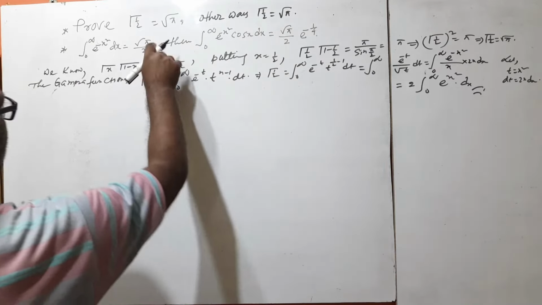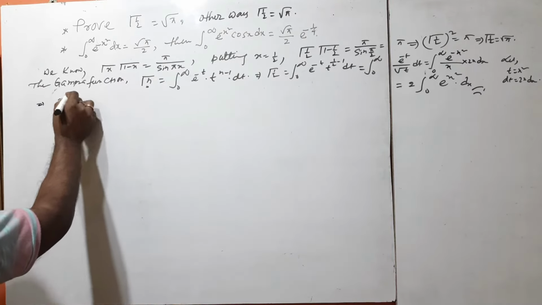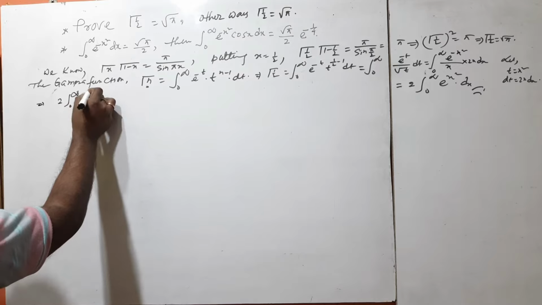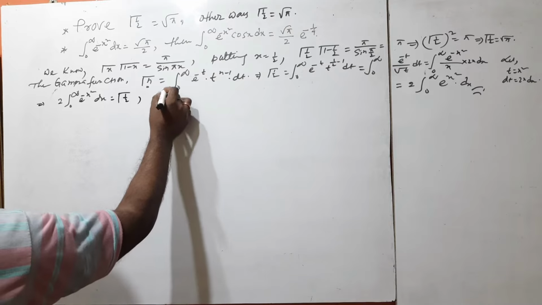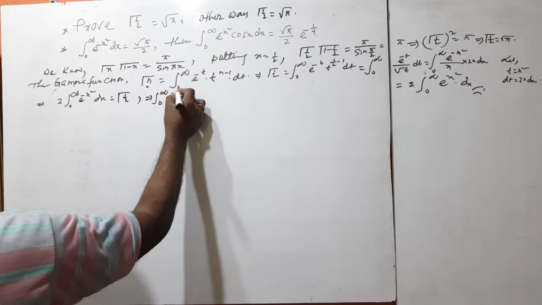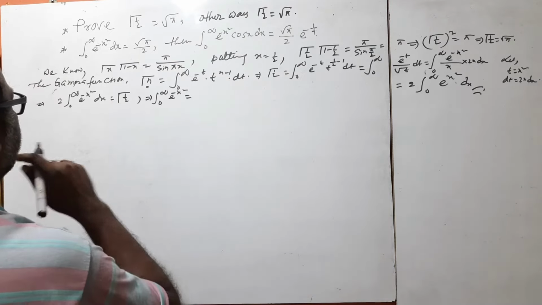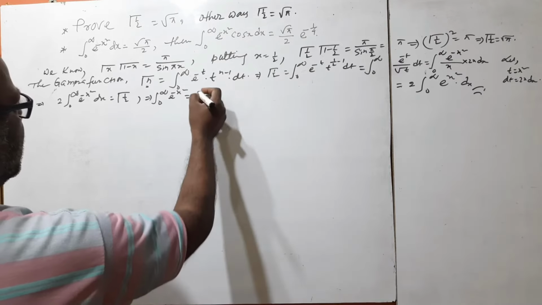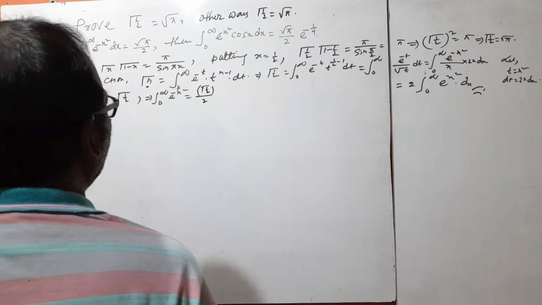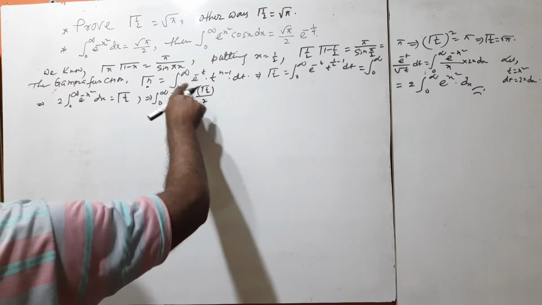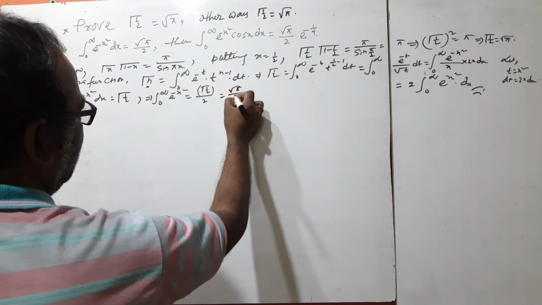So therefore, from this relation we can say that 2 times the integral from 0 to infinity of e to the power minus x square dx is gamma half. Therefore the integral from 0 to infinity of e to the power minus x square dx is gamma half by 2, and gamma half, here we have to prove, is root pi, so this is root pi by 2.